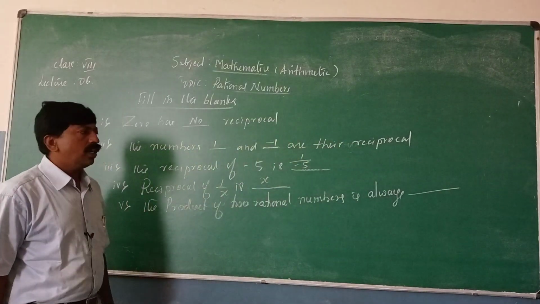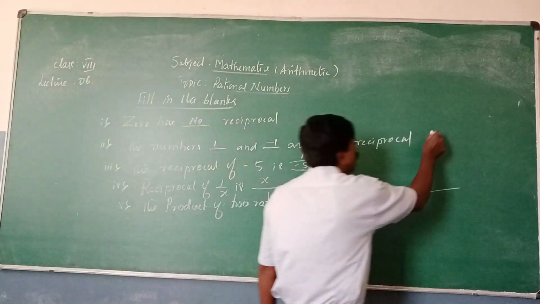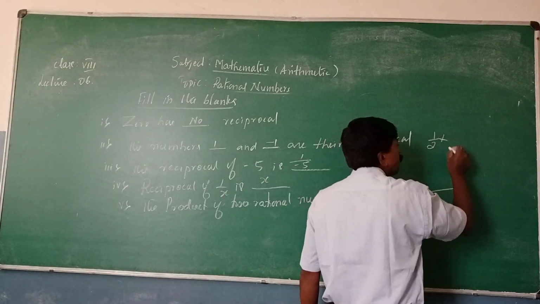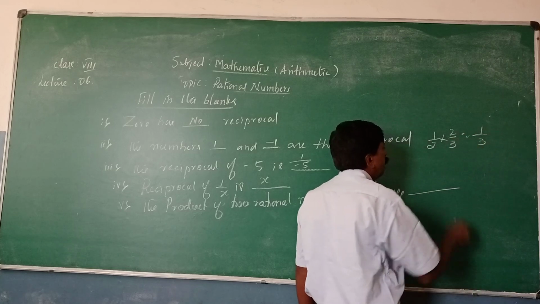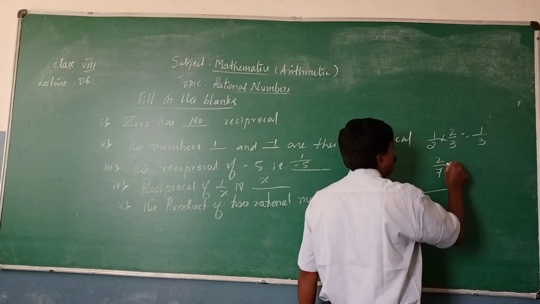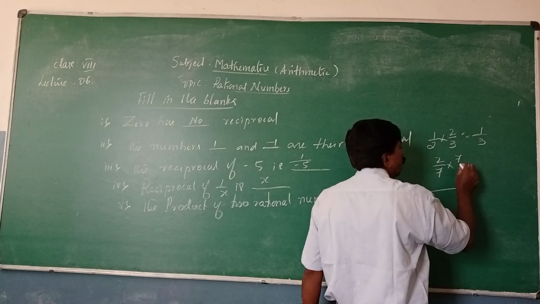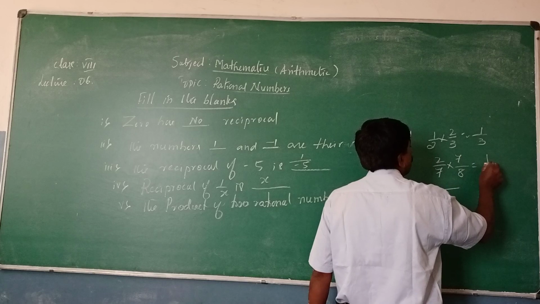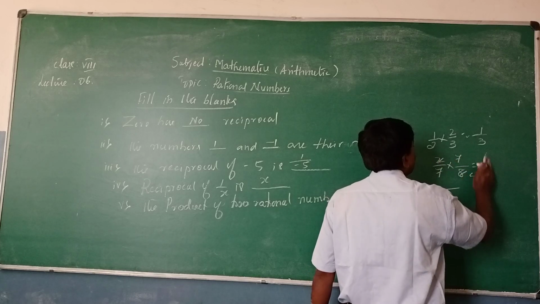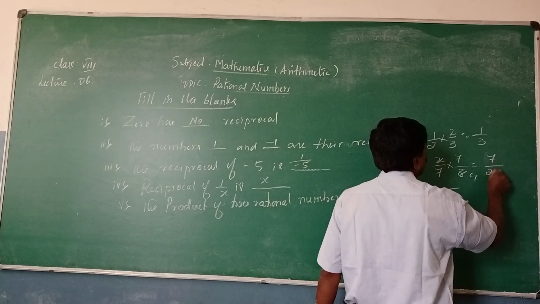Multiply any two rational numbers. 1 by 2 is a rational number, 2 by 3 is a rational number. Its product is 1 by 3. So 2 by 7 is a rational number, 7 by 8 is a rational number. 2 ones are 2, 7 ones are 7, 7 fours are 28.